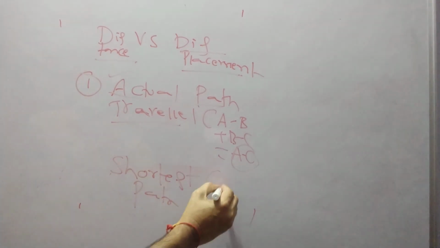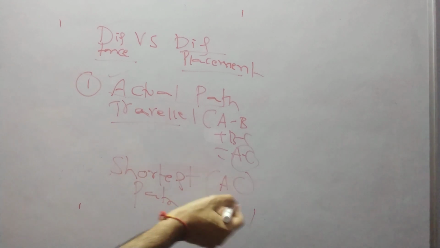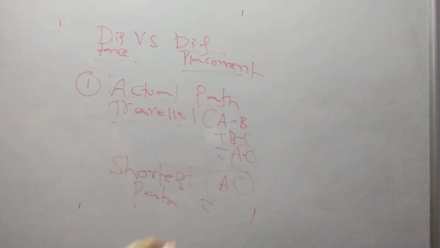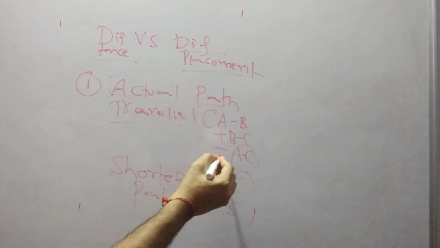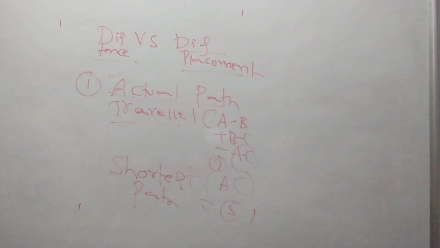What is the shortest path in the figure? AC, the value we took there is 5, while the distance is 3 plus 4, which is 7.